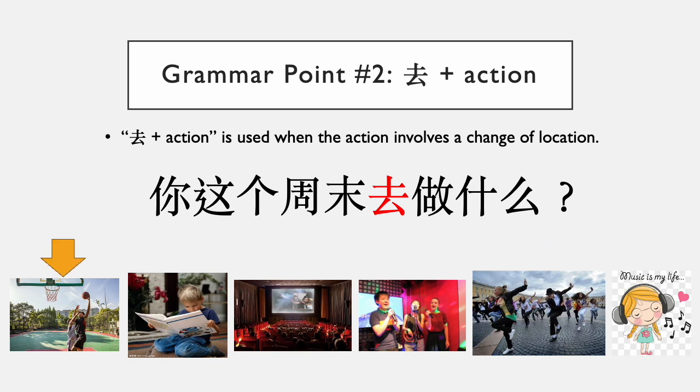How would you say that? You could say, 我这个周末去打球. So again, 去 plus an action implies that the action will take place at a different location from where the conversation is happening.